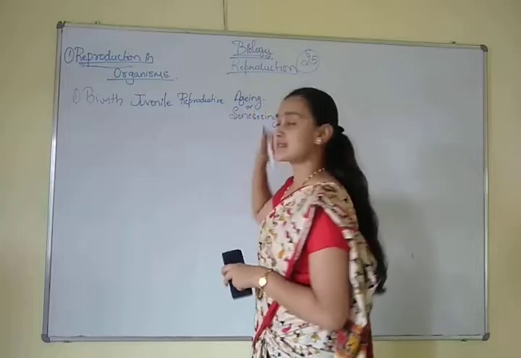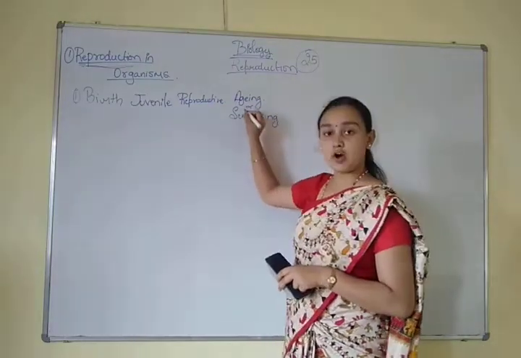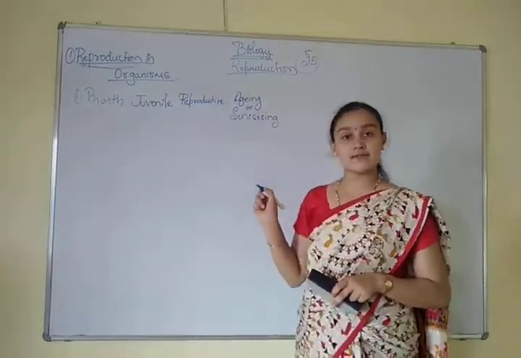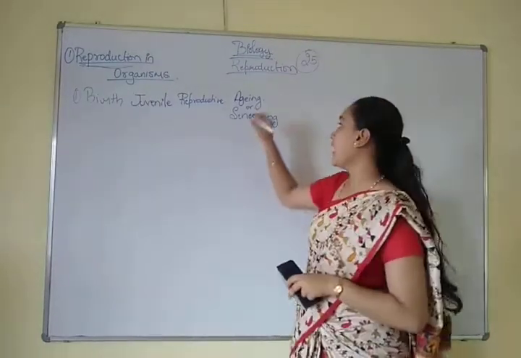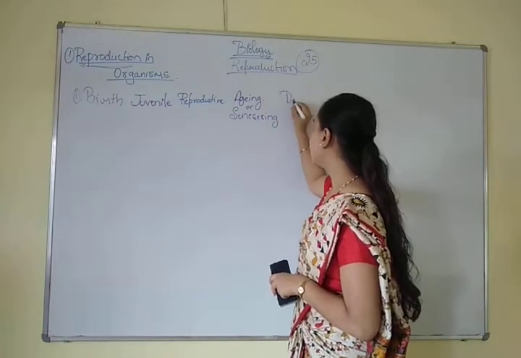So aging is said for human beings, for the organism, whereas senescence is said for plants. Followed by aging and senescence will be the death.